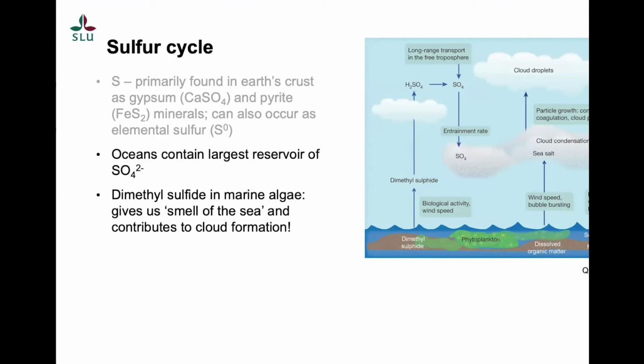A lot of algae produce dimethyl sulfide as a means, or it's actually dimethyl sulfopropionate, but then it gets broken down into dimethyl sulfide. So when you're walking by and you have this sulfur smell of the sea, this is what it's coming from. These algae and the compounds that are breaking down. Sulfur in the ocean can also control cloud formation.